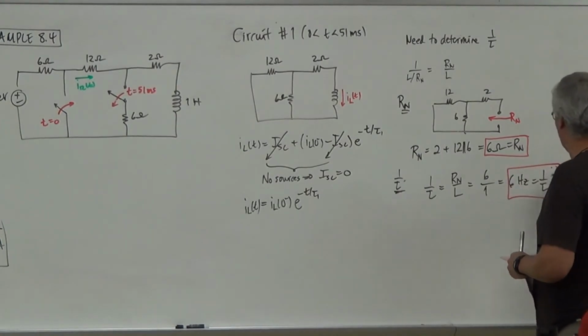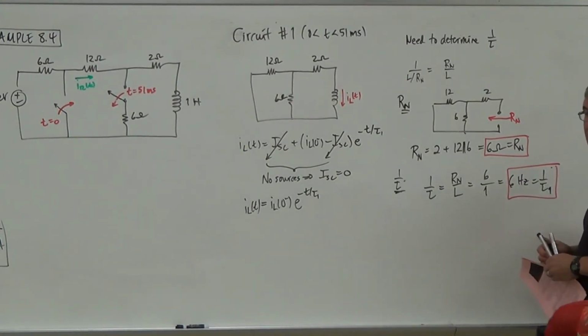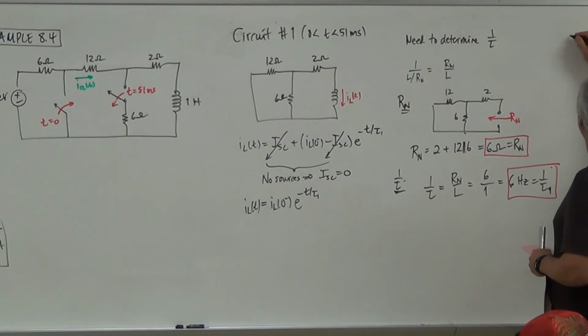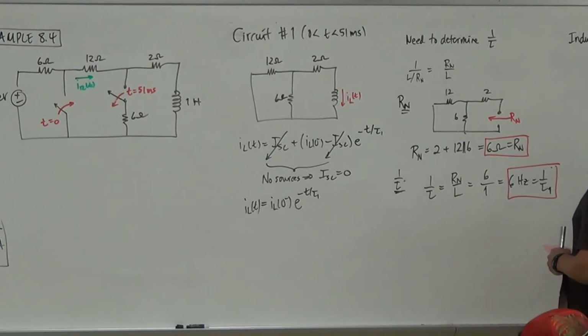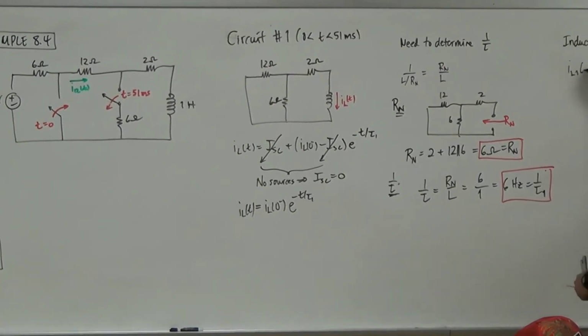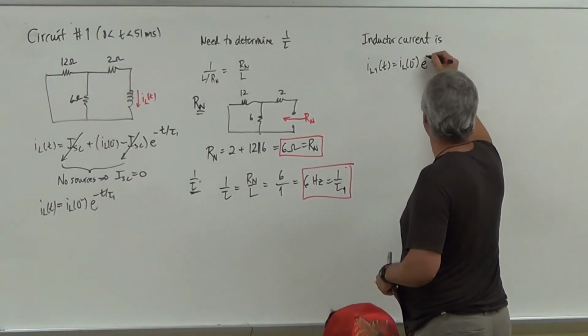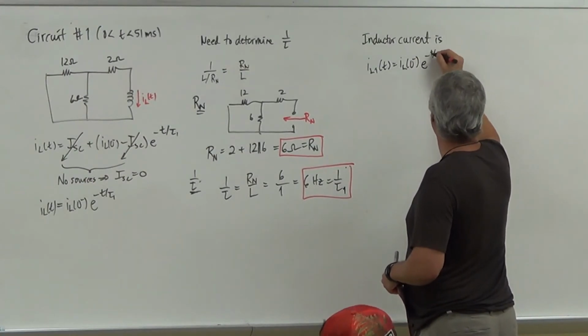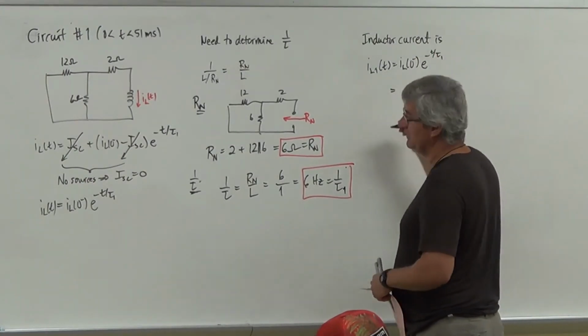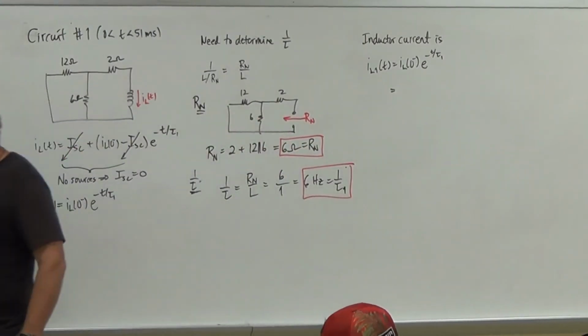So then, what does my solution for the inductor look like? The inductor current is IL1, right? I should be labeling this with a 1. So it has to be IL at 0 times e to the minus t over tau 1, like this. I know my inductor current is 2 amps.